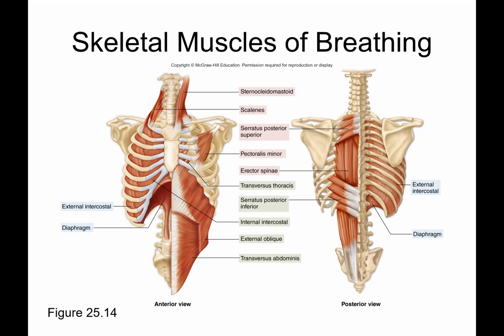Now, this one's weird, so bear with me on this. This one's weird because skeletal muscle is voluntary. You can choose to move your skeletal muscle or choose not to move. But we do have some exceptions. One exception is your breathing muscles.